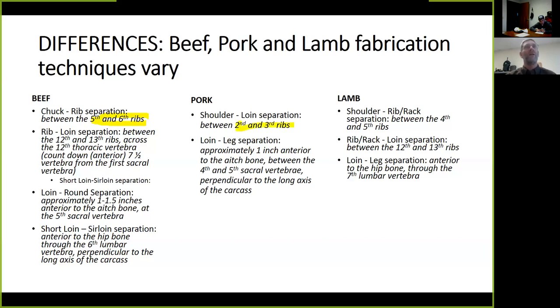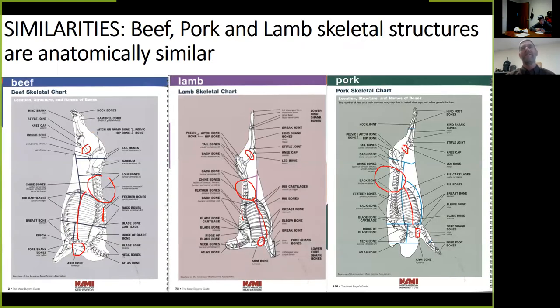So now I want to go back and look at this, because this might not make sense to you. So this is the beef chuck. Let me get my laser pointer. This is the beef chuck, okay? We separate that between the 5th and 6th ribs. And then this is the rib portion, the chuck and the rib. But in pigs, we don't have a rib.